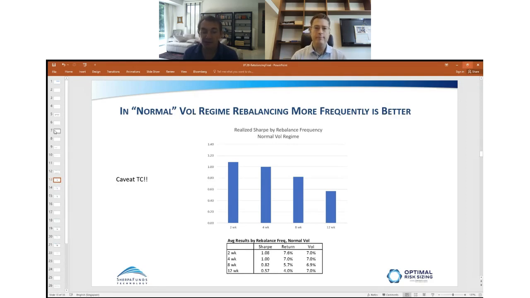And it's clear that given the amount of alpha you have, the hit rate, we said like 53% hit rate, and the quantum of view change you have, the number of views per week that change, rebalancing every 2 weeks gives you a better result. Of course, I write here caveat TC, caveat transaction costs. That's with transaction costs of 25 basis points. It's intuitively obvious that if your transaction costs go up, your optimal rebalancing frequency will shift a little bit to the longer.